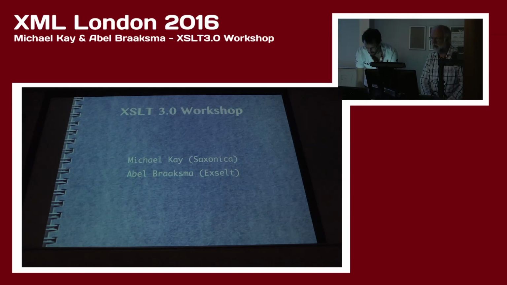And so Charles invited us to come back here and not quite carry on where we left off, because it's a different audience, of course, but to workshop parts of the spec that we didn't get a chance to workshop in Prague. And we thought it would be a good idea to focus on one particular part of the spec, which is the packaging facilities.